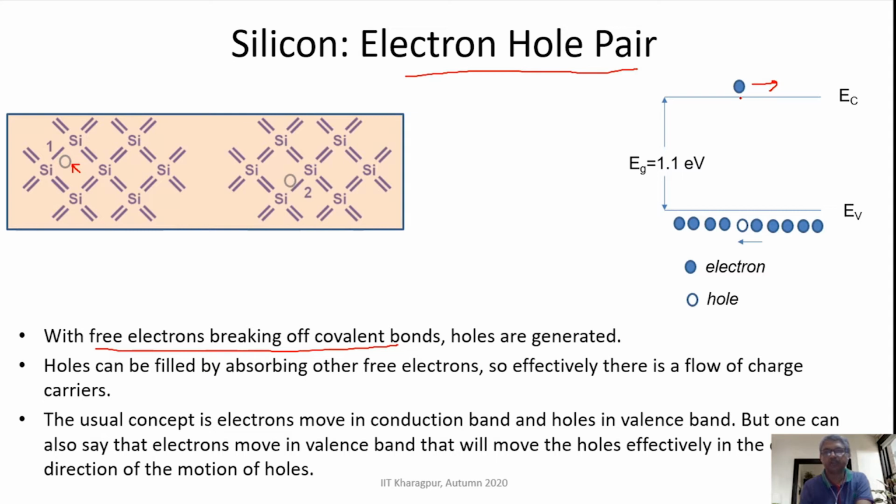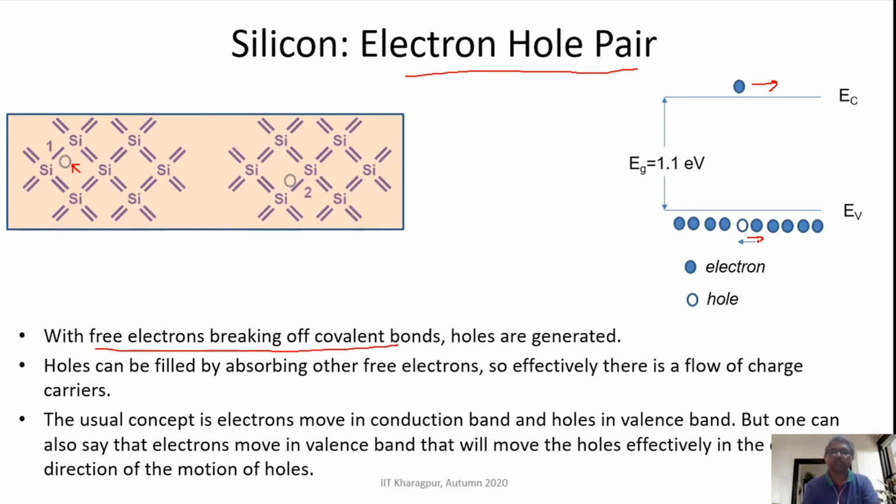Electrons are free to move in the conduction band, while holes move in the valence band. In effect, electrons are moving in the valence band as well, because neighboring electrons jump into this vacancy, and the hole will move in the opposite direction of the movement of the electron.